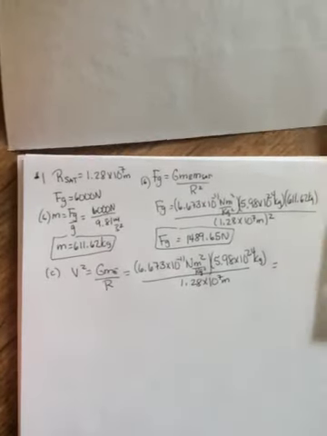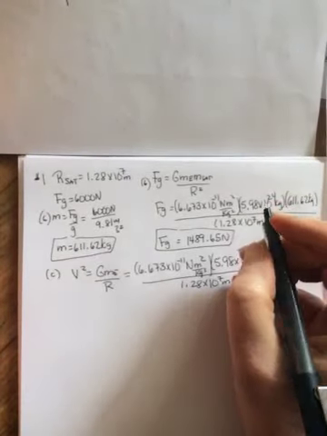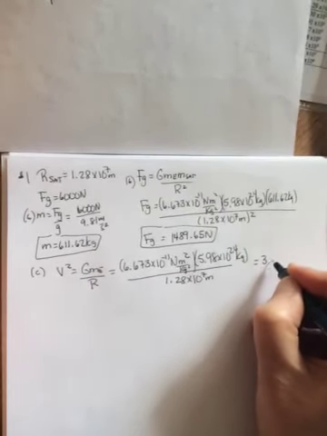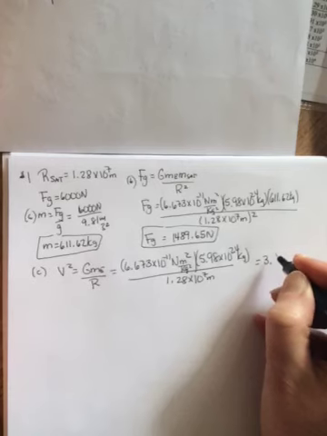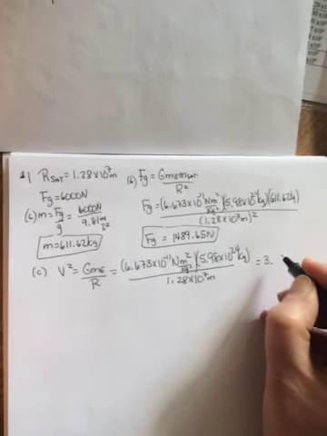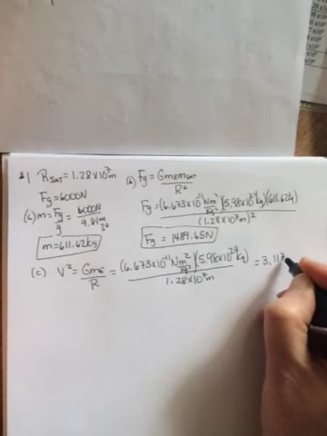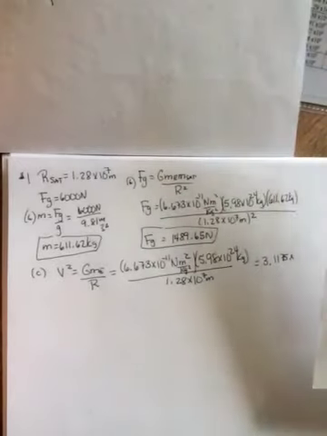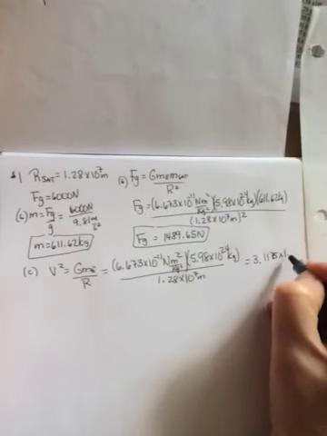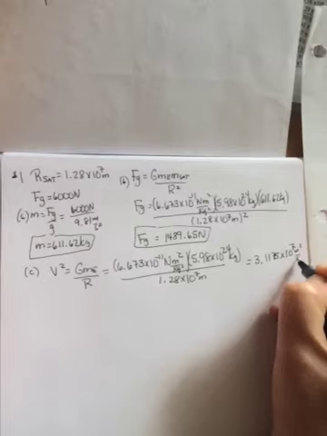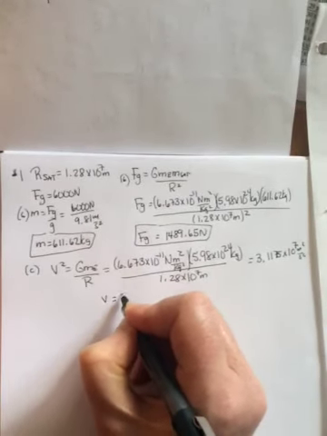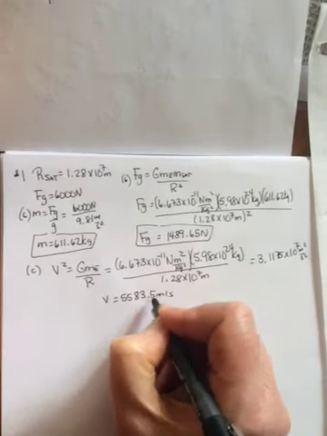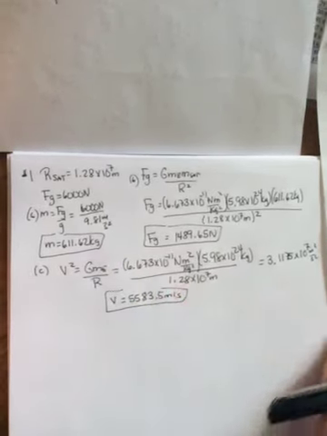And I think before you take the square root, you get something like 3.1175 times 10 to the 7th, and that'll be meters squared per second squared. Take the square root and get 5583.5 meters per second. Okay, so there's number 1.